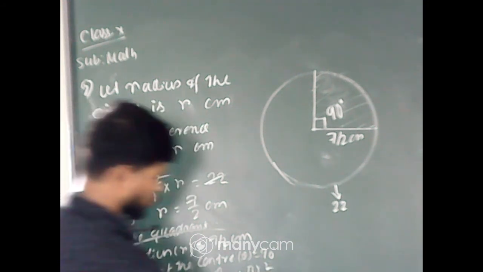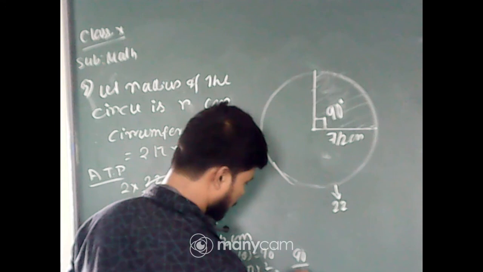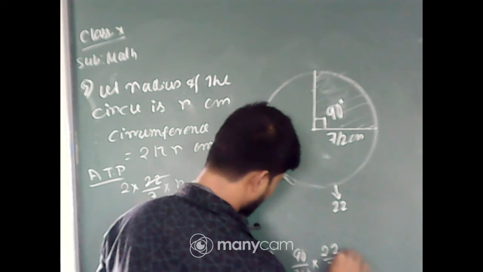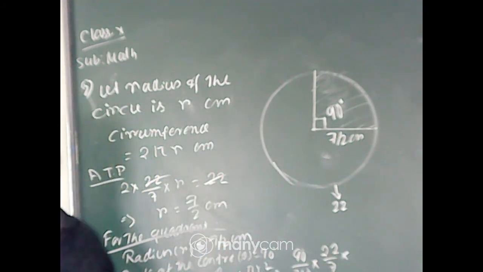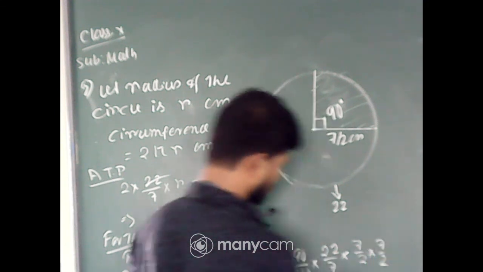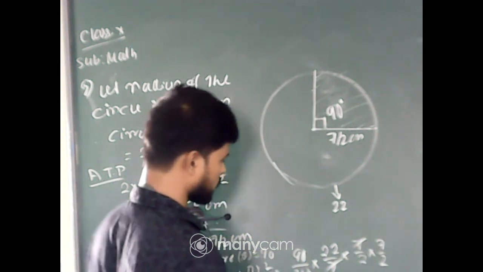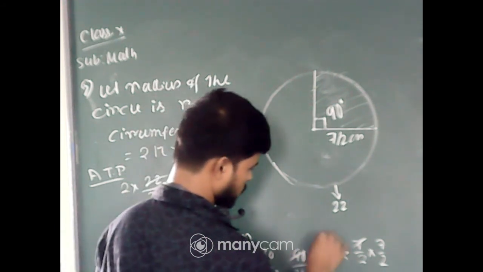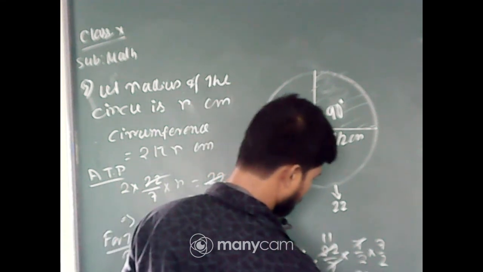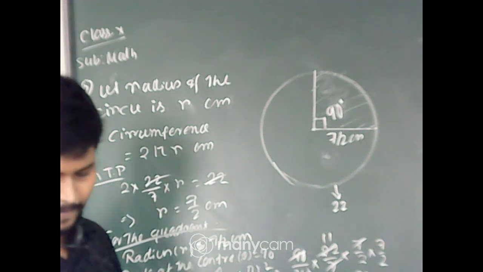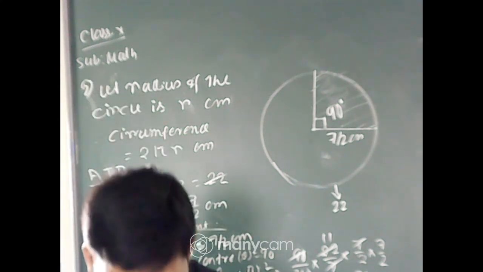Now put the value. Theta means 90 by 360 into pi means 22 by 7 and r square means 7 by 2 into 7 by 2. Now do the calculation. So it is 77 by 8. Now just divide 77 by 8, you will have your answer. Okay, got it?